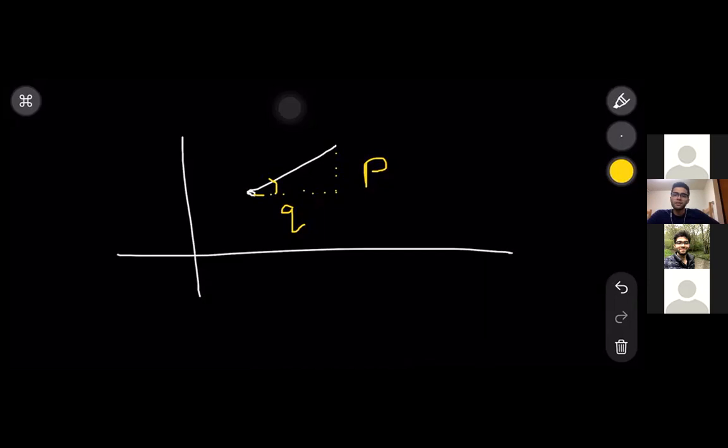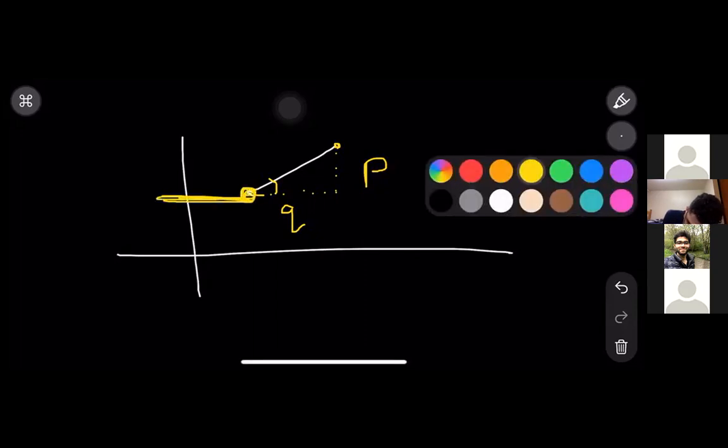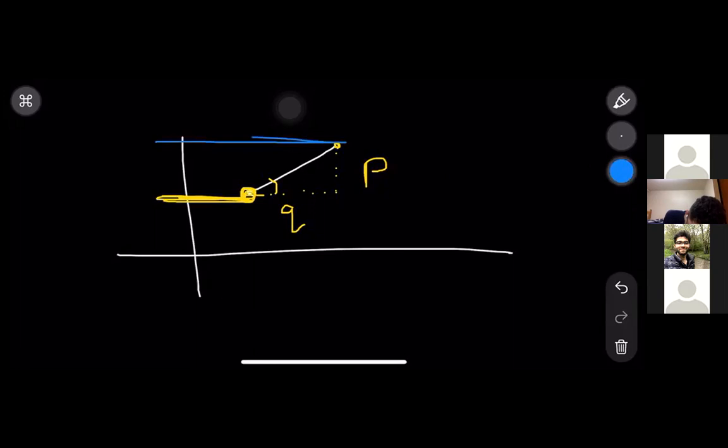Now the question arises, what exactly is P, what exactly is Q? Because they are abstract notions. We don't want to generalize something by just giving it some random name. In this case, P happens to be the change in the y-axis from here till here. We started off with a function value somewhere here. That's why we had this point. And then we moved all the way over here, right?